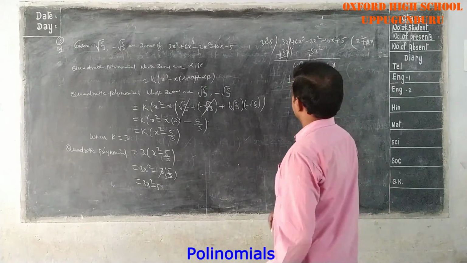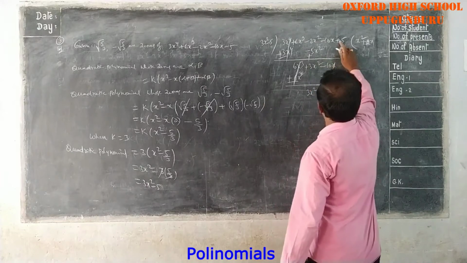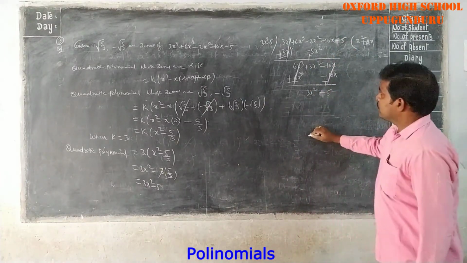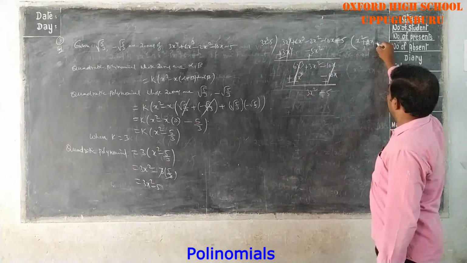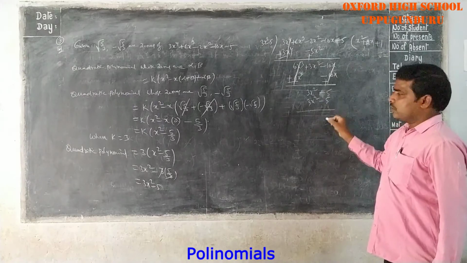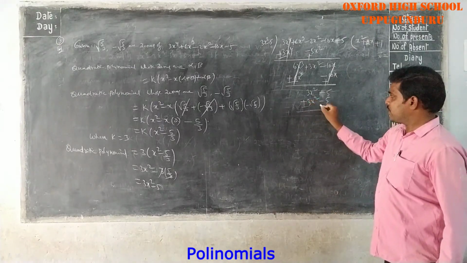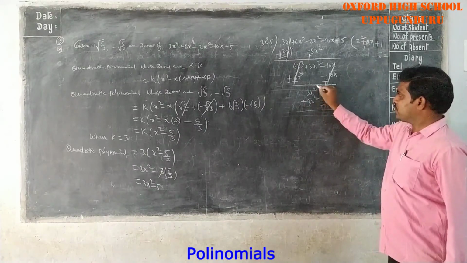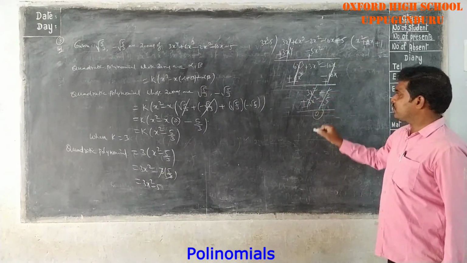So in the problem they give minus 5. So 3x square minus 5 into 1, you will get 3x square minus 5. To subtract this, you have to change the signs of the second polynomial. So plus becomes minus, minus becomes plus. These two get cancelled, you will get 0.